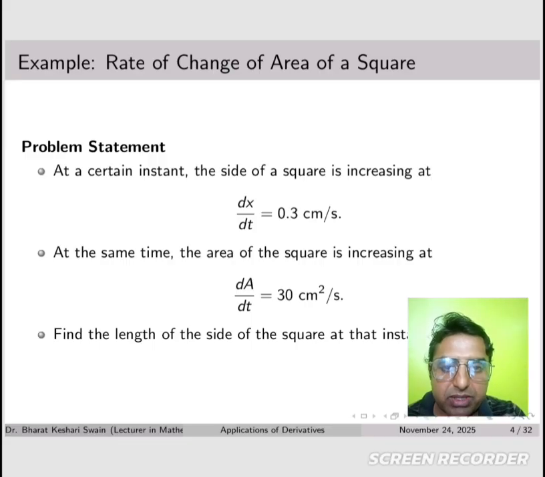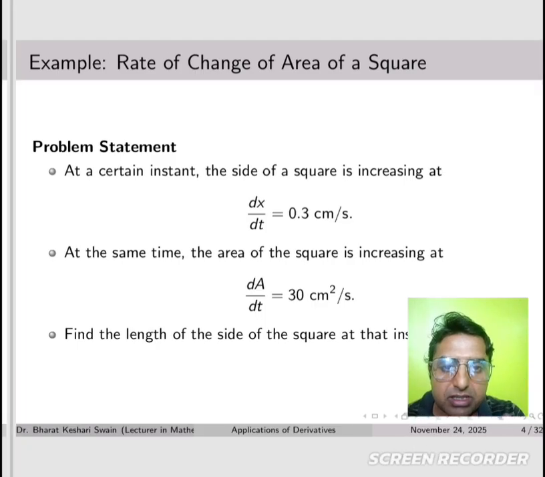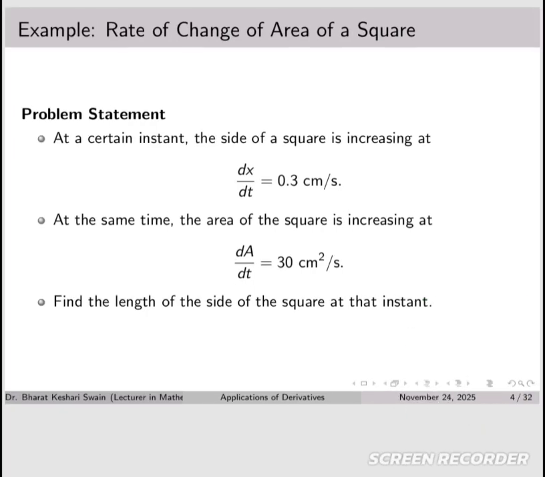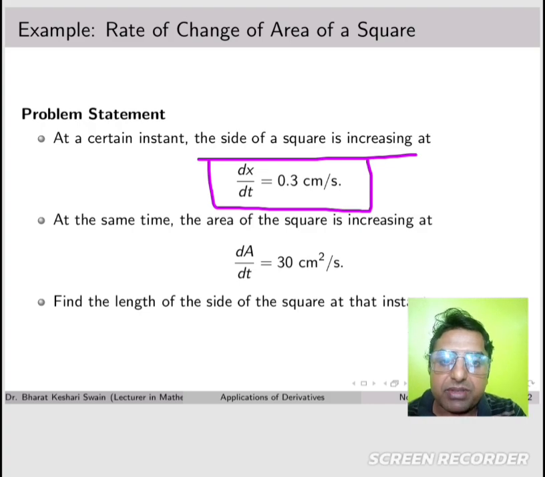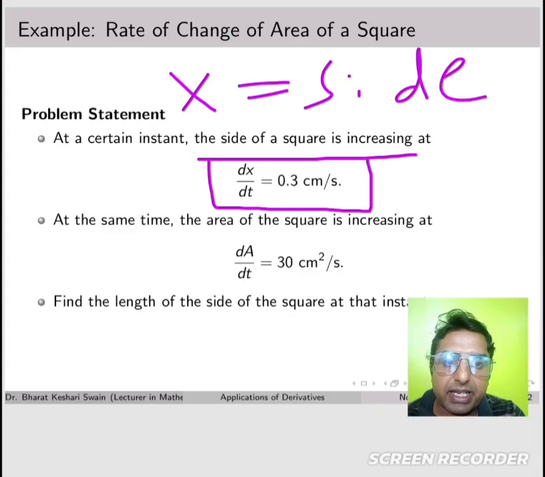What is the statement of the problem? At a certain instant, the side of a square is increasing at dx by dt equal to... so dx by dt means rate of change of x. If x is the side, then the rate of change of the side of a square is increasing means it is changed with respect to time.